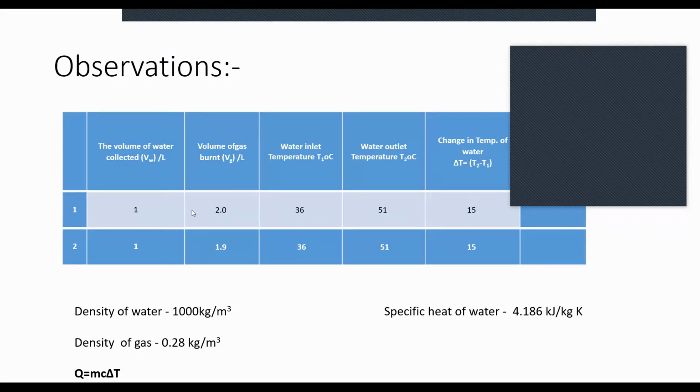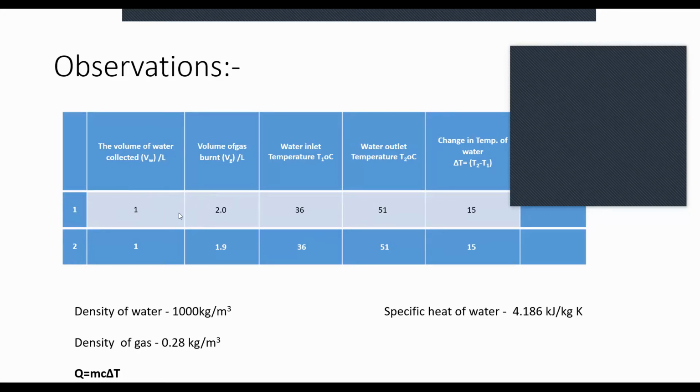The thing is, first you have to calculate the volume, right? Volume is in liters now. Then you have to convert into meter cube, because everything is in meter cube now, essentially. To convert to meter cube, you just have to multiply by 10 to the power minus 3, right? 1 liter means 1 into 10 to the power minus 3 meter cube.